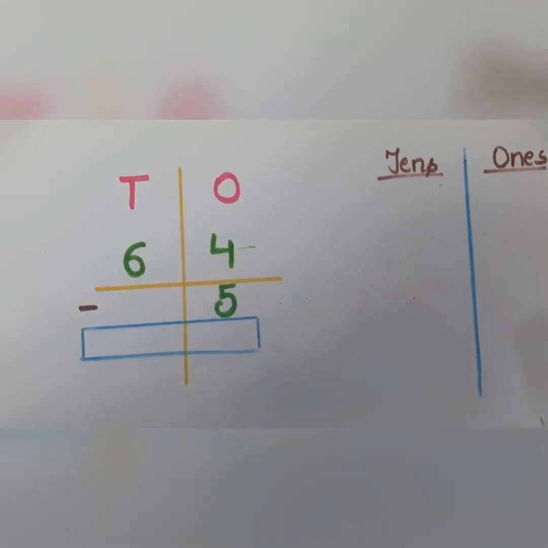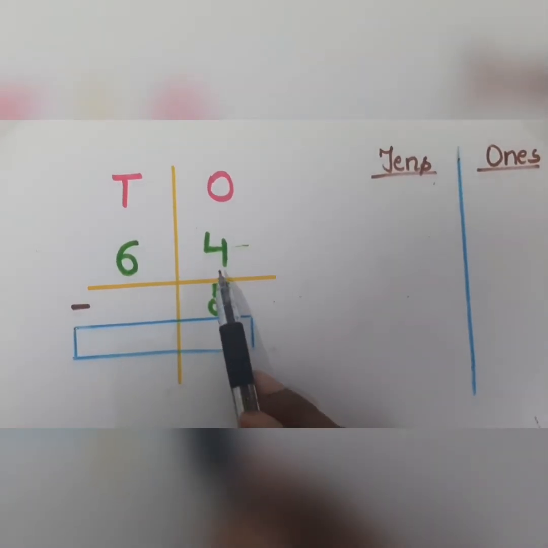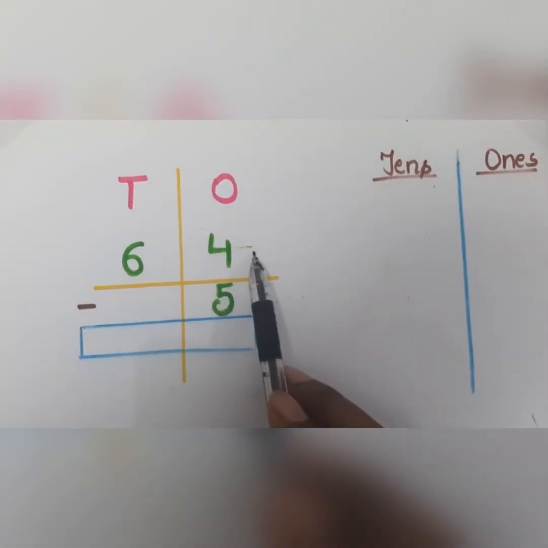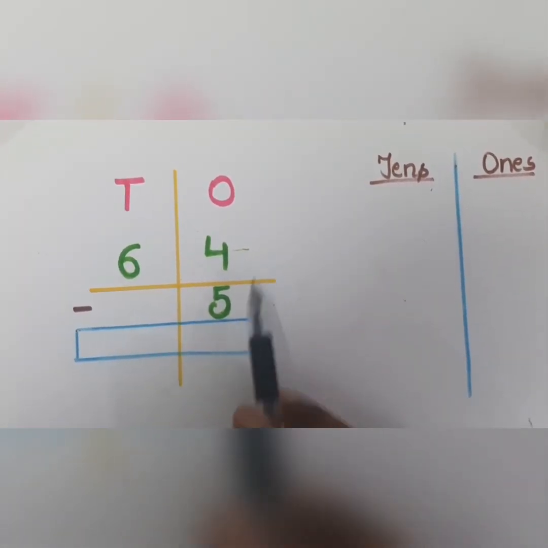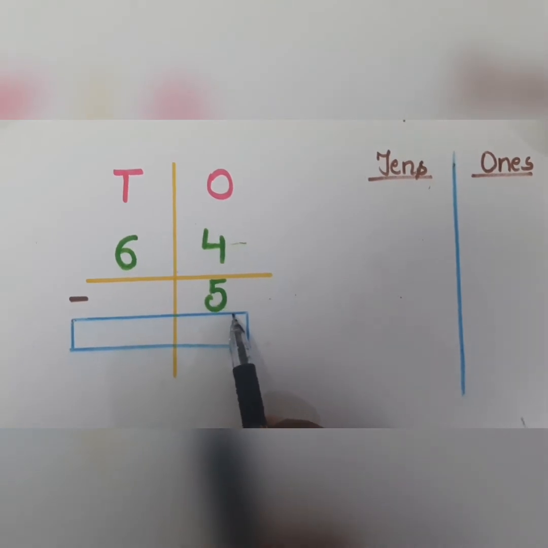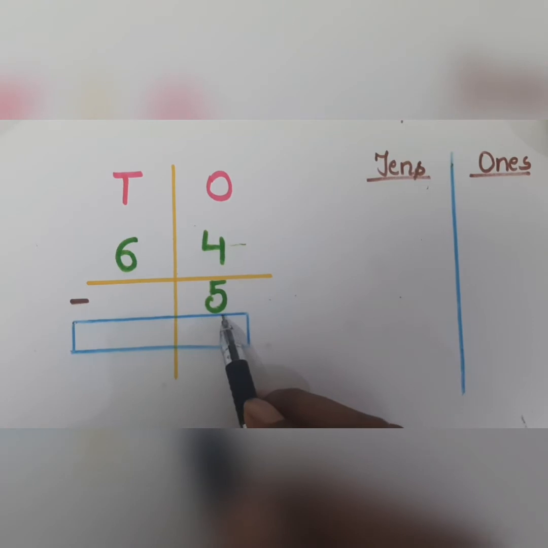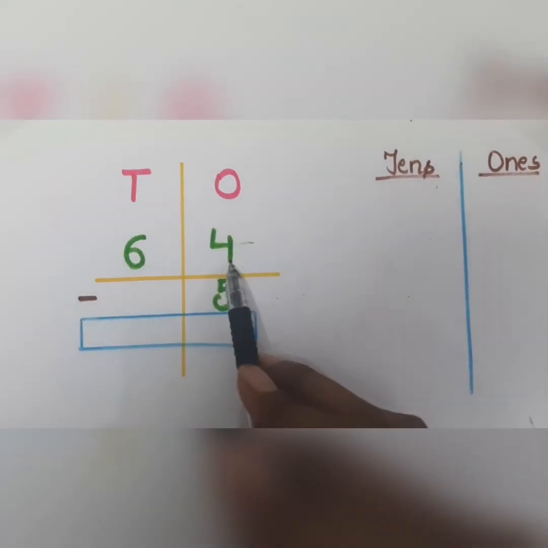Let's subtract a 1-digit number from a 2-digit number. The bigger number you have to write at the top and the smaller number at the bottom, and the smaller number is always subtracted from the bigger number.